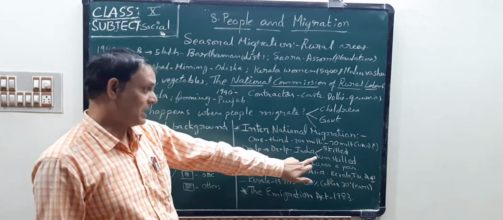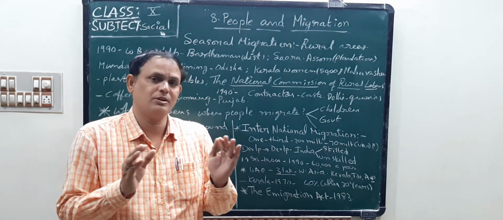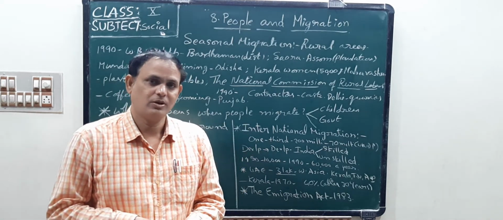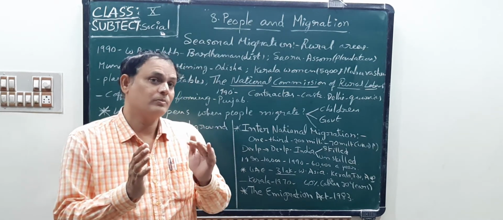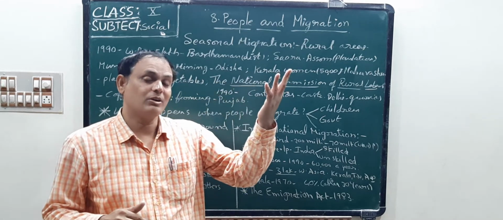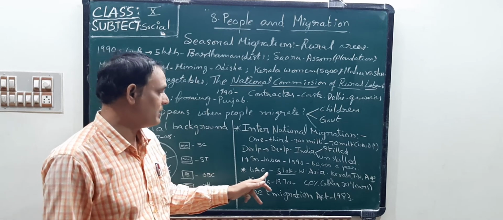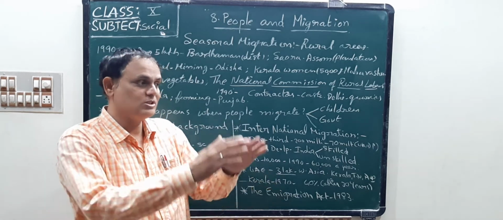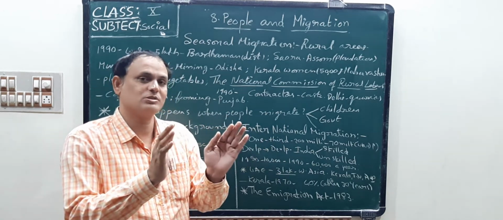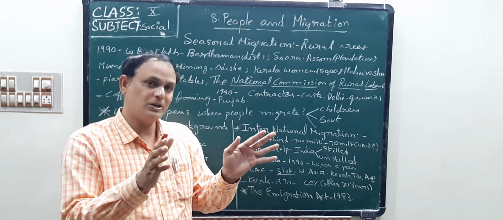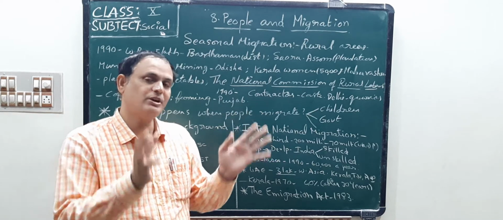Next children, unskilled labor. Unskilled labor means they may not have finished their higher education. Those who go as unskilled labor from our country to another country, which countries? Here I already wrote UAE, United Arab Emirates. The United Arab Emirates need unskilled labor to do work in their petrol stations, offices, houses, even fields also.